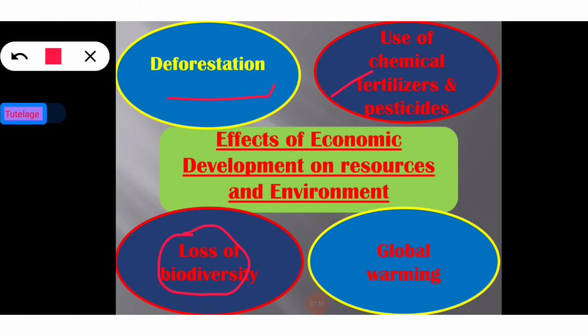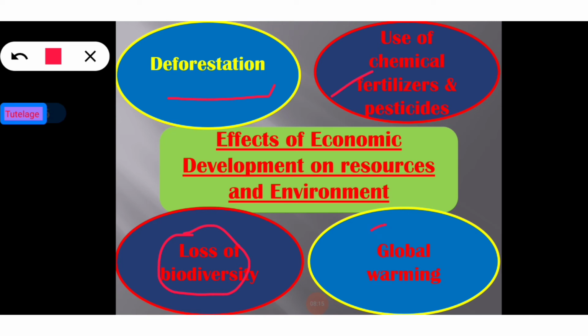However, human activities have eroded the world's diversity of plants and animals. Some species have disappeared and many have been greatly reduced in number also. So ruthless deforestation has led to a loss of a large number of animal and plant species. So that's why this is one of the important effects.